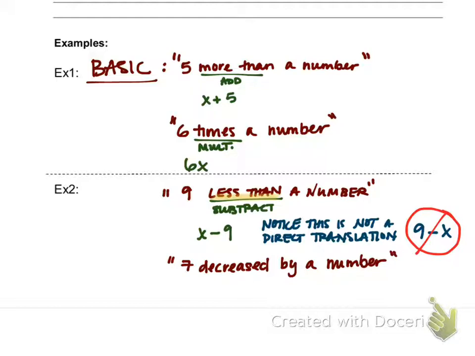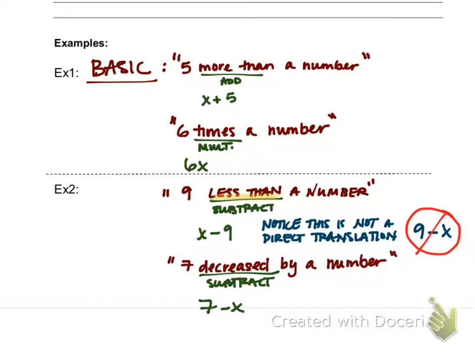But here we need to figure out, am I taking 7 away from a number, or am I taking the number away from 7? When we talk about decreased by, I start out with 7, and I'm going to subtract the number from it because it's decreased by this unknown number. Do be careful when we talk about subtraction. There are situations when it's not a direct translation, such as the one above, and situations when it is a direct translation. So be careful.